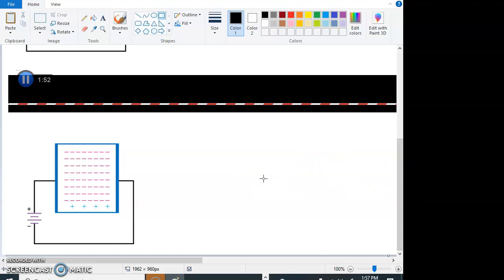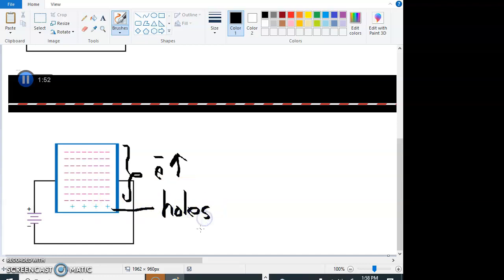Meaning to say, we are increasing the number of electrons. So electrons are much higher as compared with the holes. If you remember, in an intrinsic semiconductor, there is an equal number.